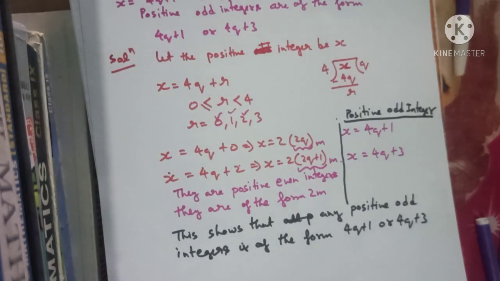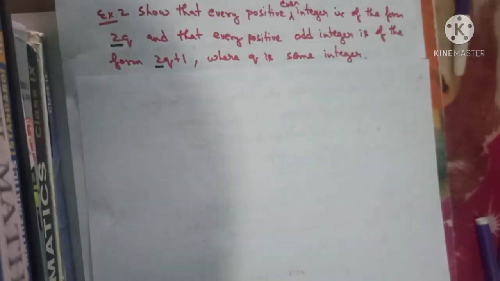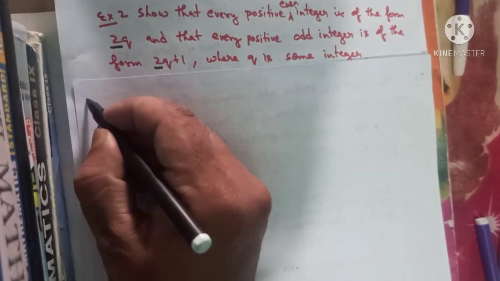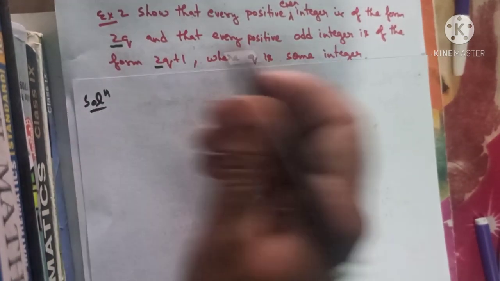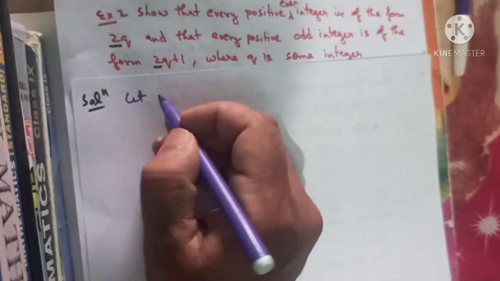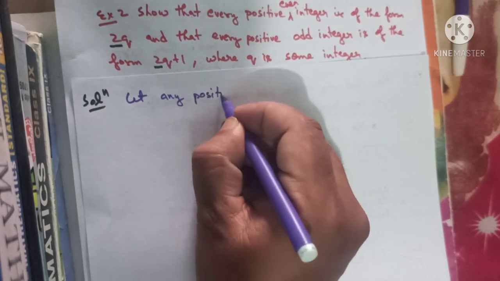That's it. Now similarly, if we take a look at example number 2 again: show that every positive even integer is of the form 2q and every positive odd integer is of the form 2q plus 1. Here we can again let any positive integer be x.